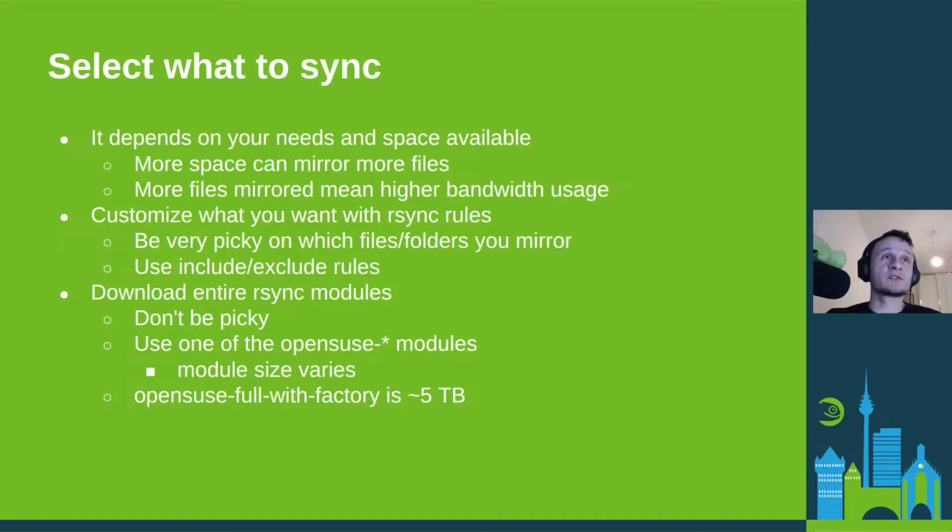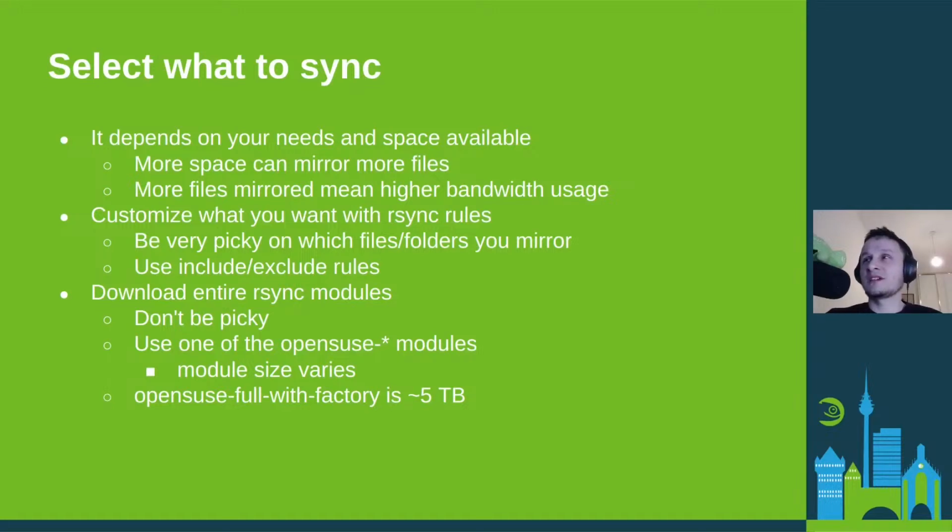There are a few modules that start with openSUSE dash and the name of the module. The size varies by the module, from a terabyte to everything, I would say, to 40 terabytes. If you want, like, openSUSE full with factory, this includes Slowroll, Leap, and Tumbleweed with sources and everything.